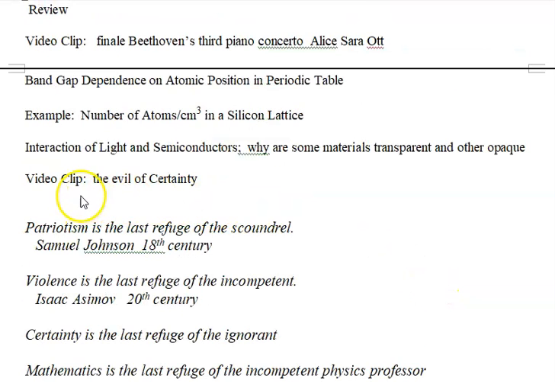Okay, so we're going to play a clip from Jacob Bronowski, The Ascent of Man. I think you'll find it quite interesting. It describes the evil of certainty. I played this for a number of my classes, and one class in particular, my favorite class, which was our local state prison.